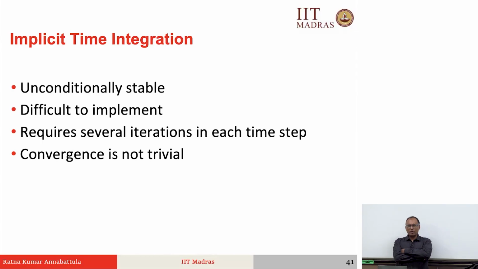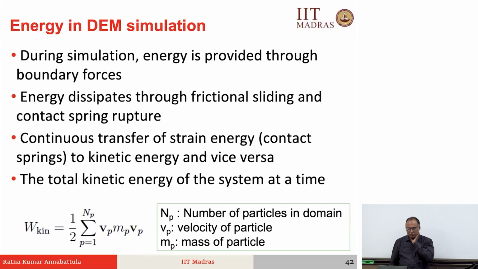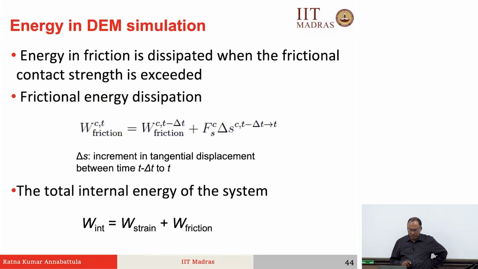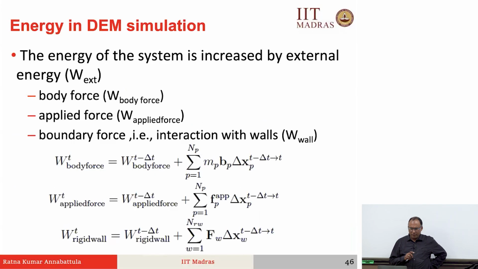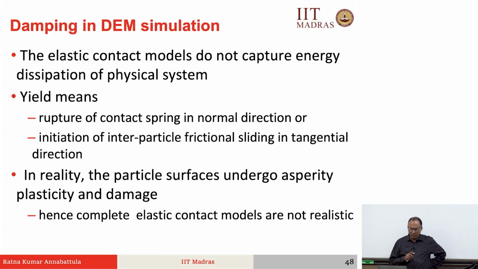People have tried this, but for DEM simulations, because of so many non-linearities involved at the contact level, explicit time stepping is the method that happens to have been successfully implemented over the years. Okay, so I think this part I will skip, because this is not something that I would like to talk about.